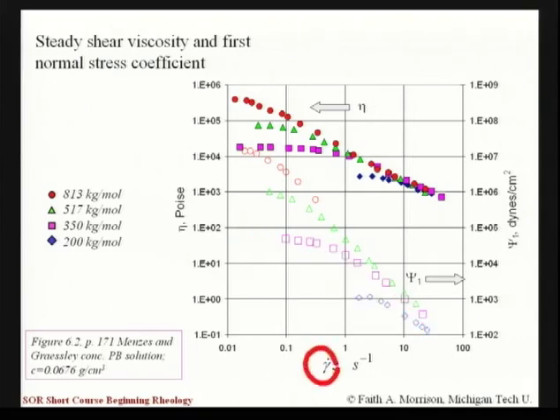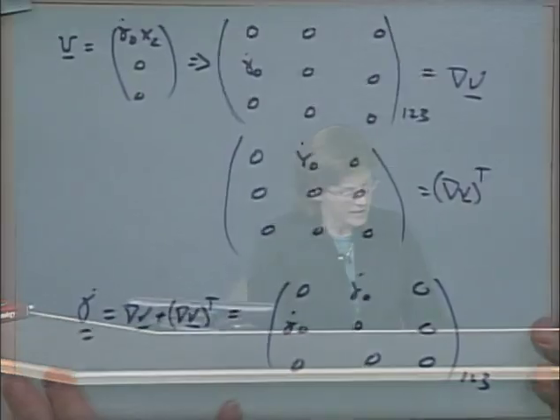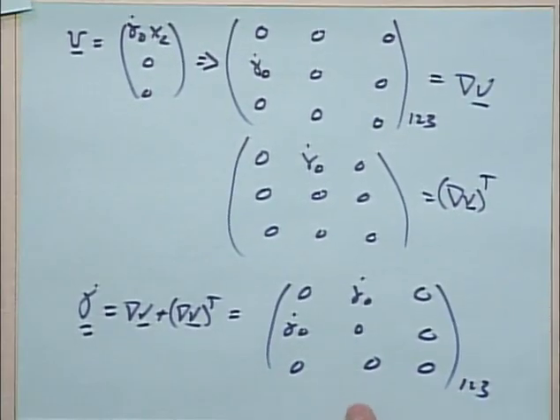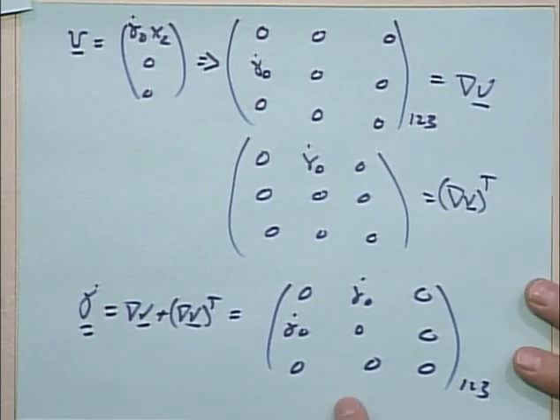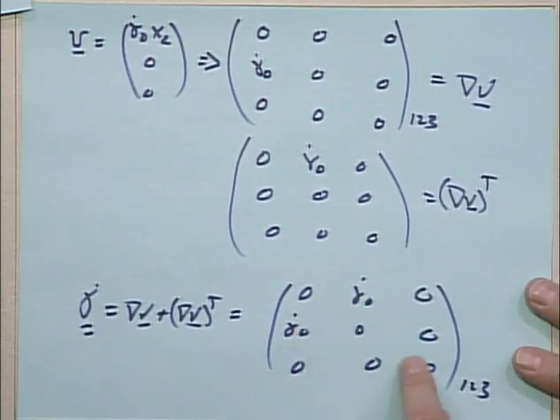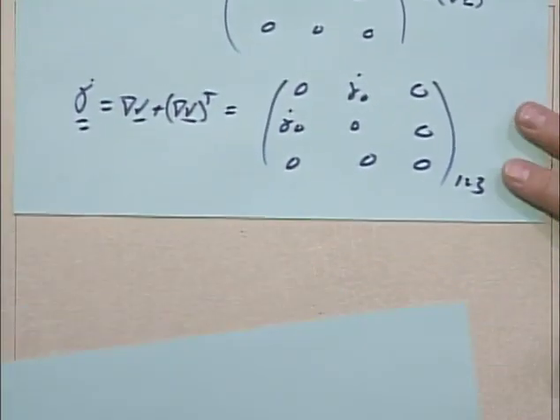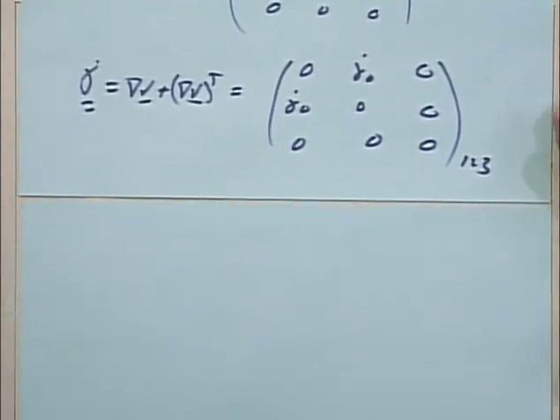Let me discuss this gamma dot. This gamma dot is the magnitude of the tensor gamma dot. So here we calculated the tensor gamma dot, which for this flow is this tensor. And we know that we have, as defined, a tensor magnitude. We studied a little bit about that.